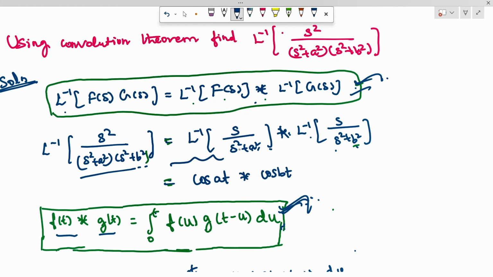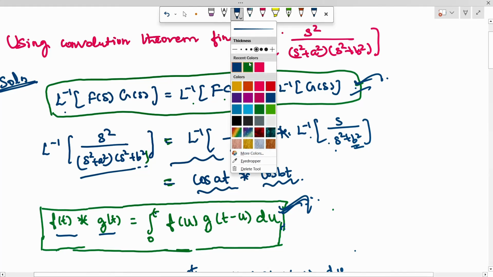L inverse of s by s square plus a square is cos at. L inverse of s by s square plus b square is cos bt. Both are the same, but here the constant terms will be different. Here a is there, here b is there. Otherwise both are cos formula only. Cos at star cos bt.